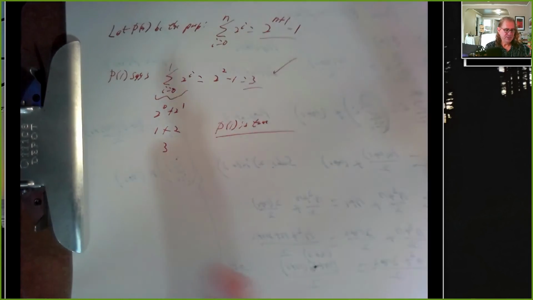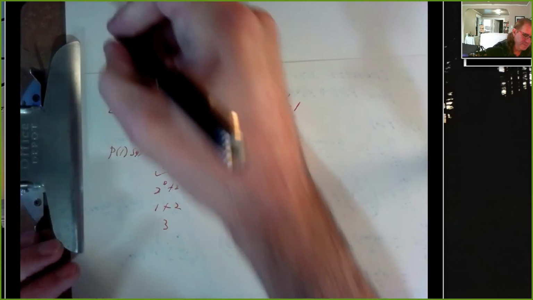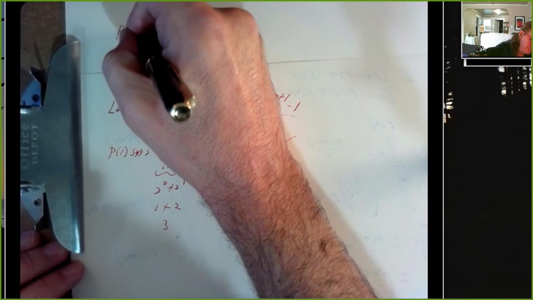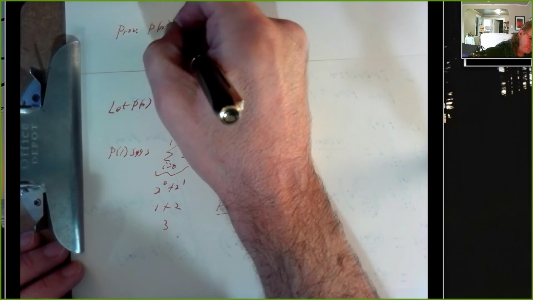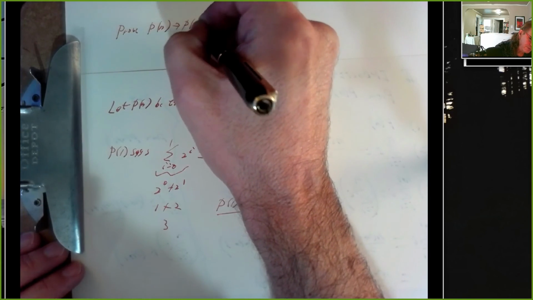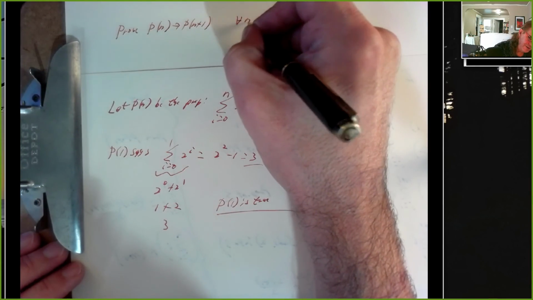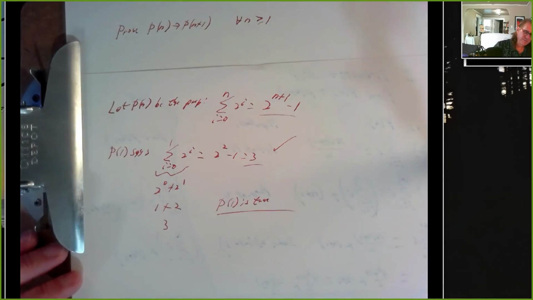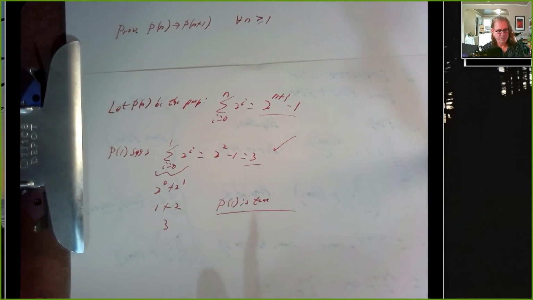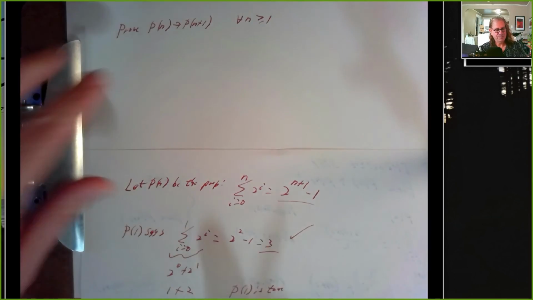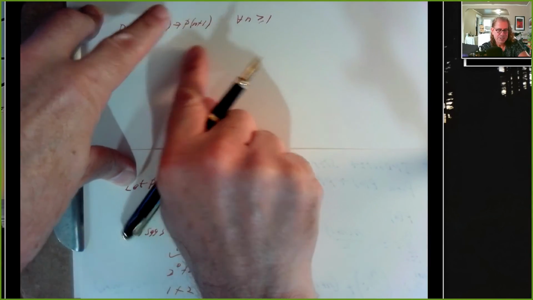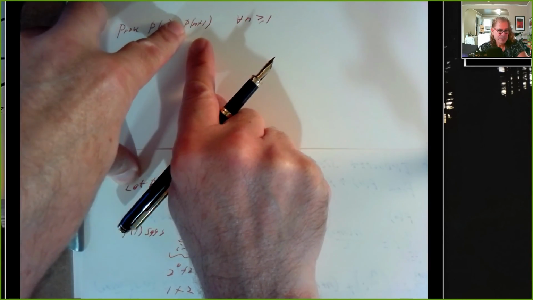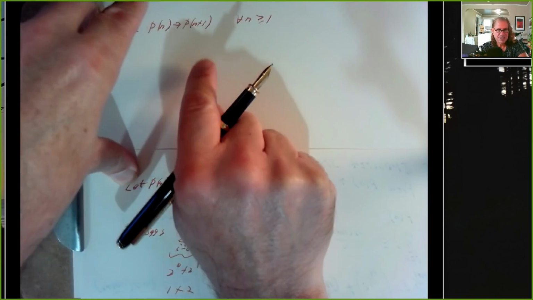All right, so let's prove that P of n implies P of n plus 1 for all n bigger than or equal to 1. Again, we're not proving P of n. We're not proving P of n plus 1. We're proving if this, then that.